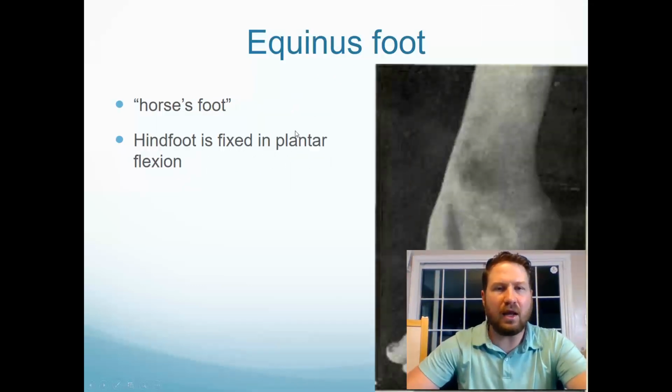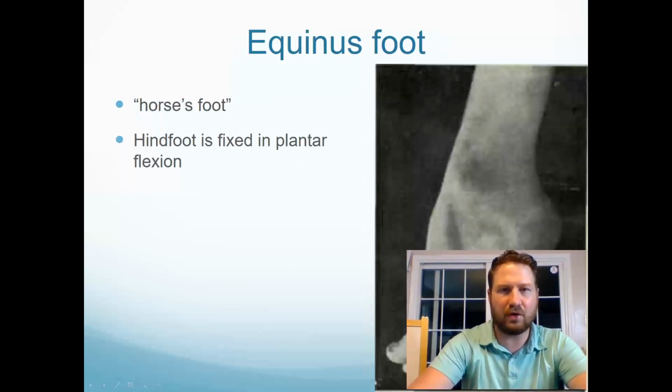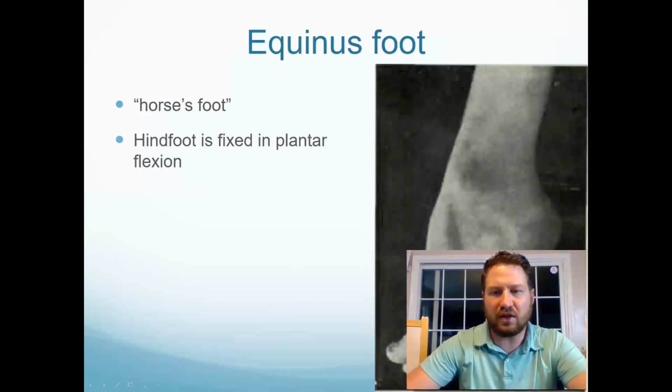Okay. An equinus foot is when you have a super high foot or a super high arch. So you have a high arch and then MTP extension and IP flexion of the great toe.